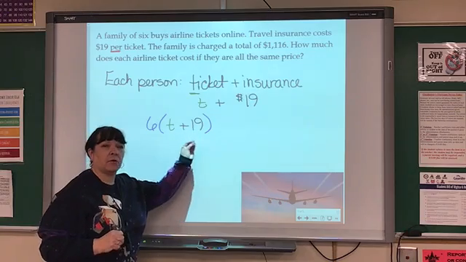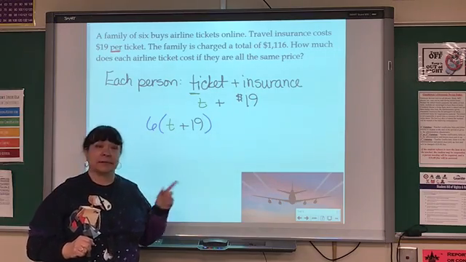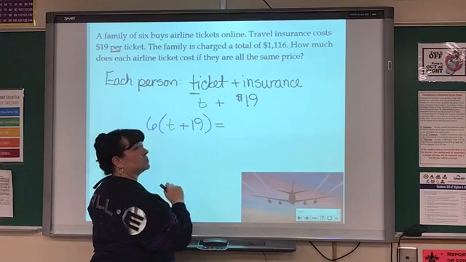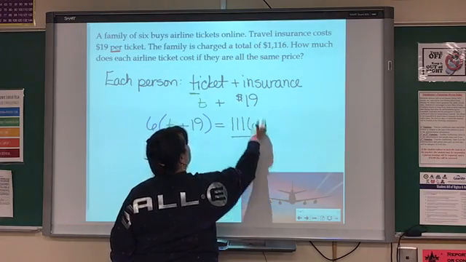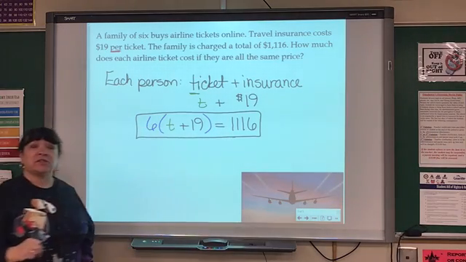This is the entire amount per ticket. So I can multiply that by 6. And the whole entire total charge is $1,116. This will be the equation that I am going to solve.